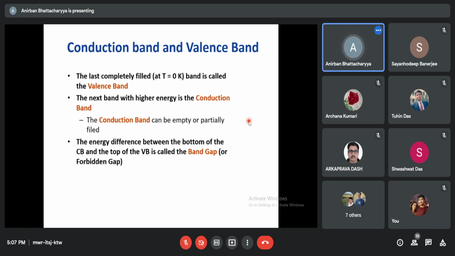In the conduction band or any band, what is the gap between energy states? Infinitesimally small, right? So if it's partially filled, the topmost energy level which is filled, and the empty level just above that, are infinitesimally close.